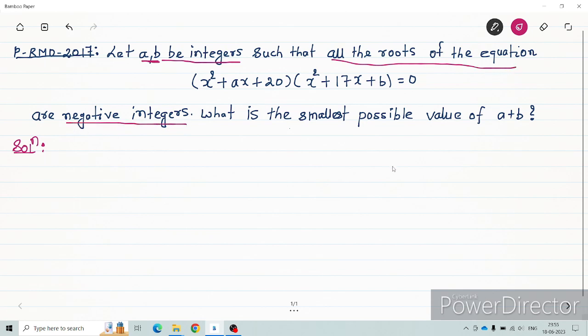So we have to find the smallest possible value of a + b.